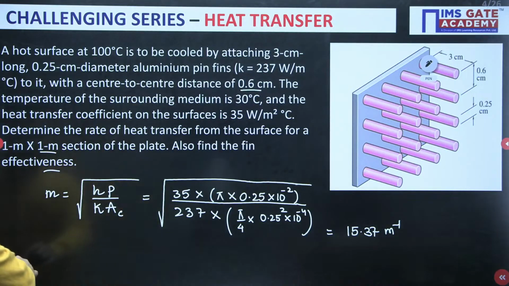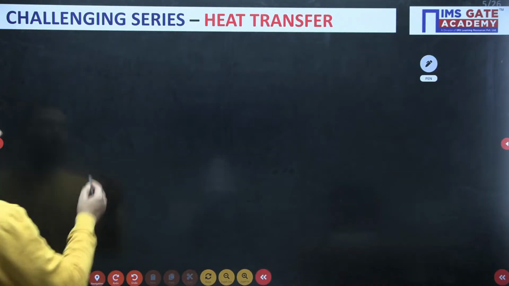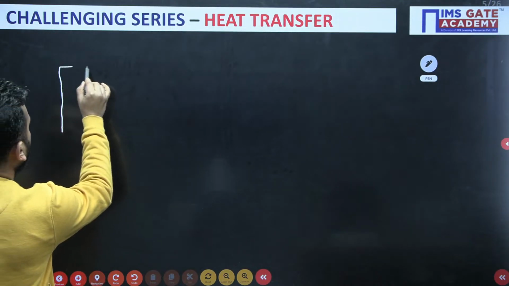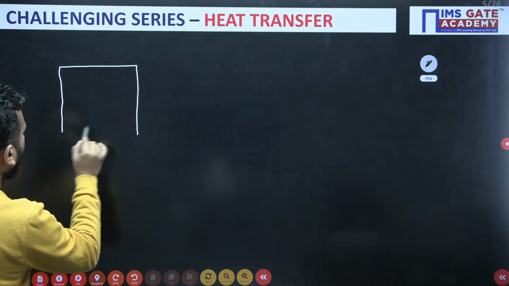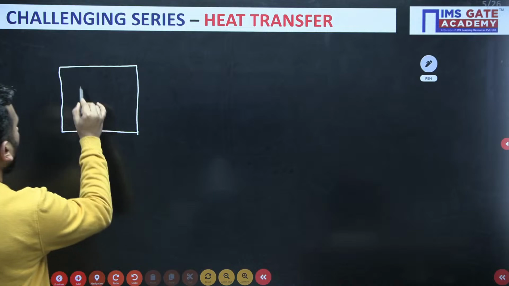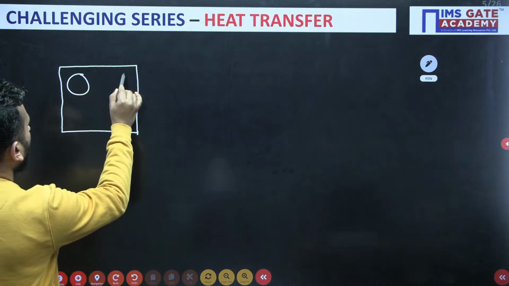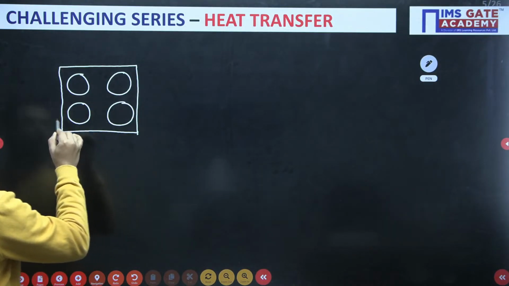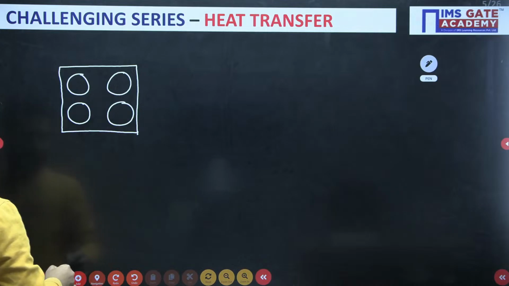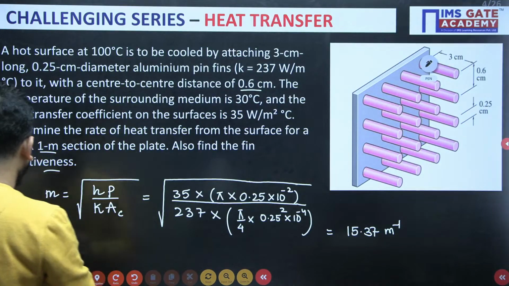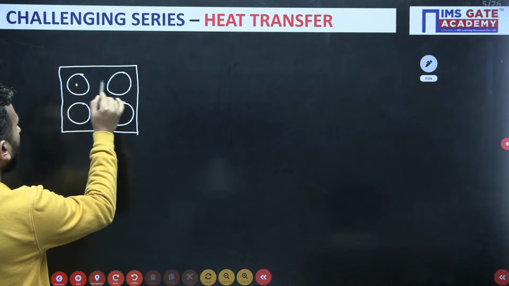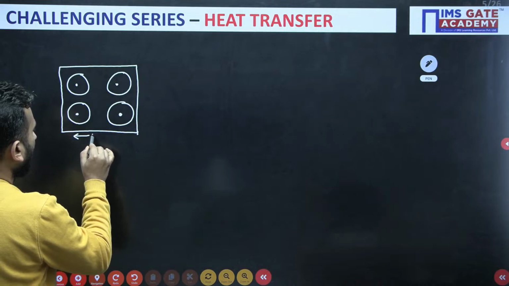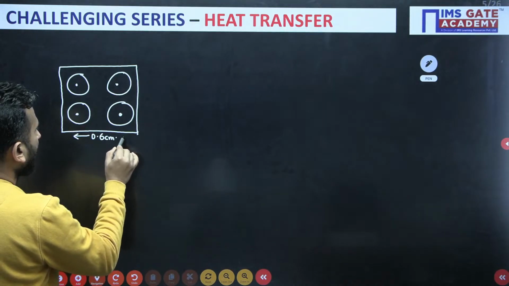So what I will suggest is, for example, let's say this is one segment of the area that I am showing, and he is saying that fin to fin distance is how much? 0.6 centimeter. So this distance is 0.6 centimeter. This distance is 0.6 centimeter.